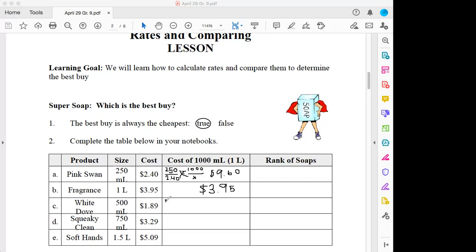So you put 500 over 189 equals 1,000 over X. And that's going to give you a total of $3.78.